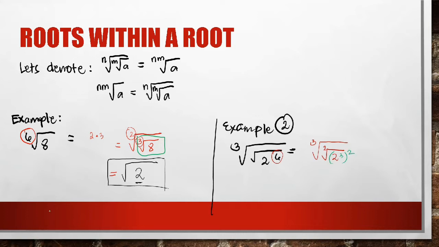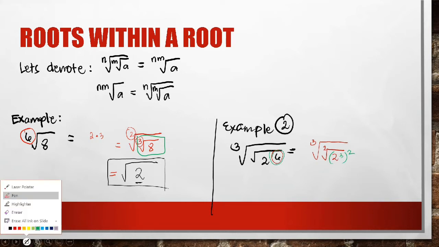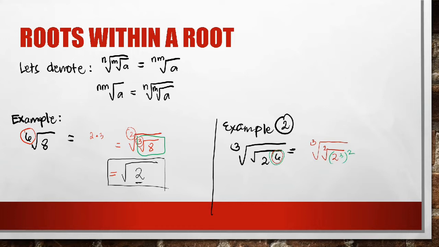With this one, we can simplify the internal and external exponent, which is equal to 6, referring to our original exponent. Then when we simplify it, we can cancel the external index and the inner exponent, because they are the same. And the remaining is the cube root of 2 cubed.